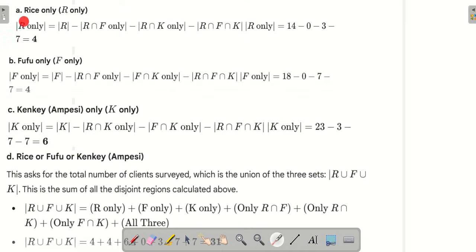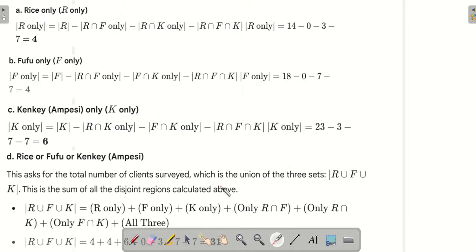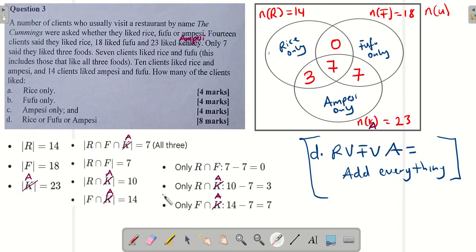So R only is equal to R minus R intersection F. That is exactly what I have done here. That's what I've done there. And you get 4. So that is going to be this. The first question was rice only.